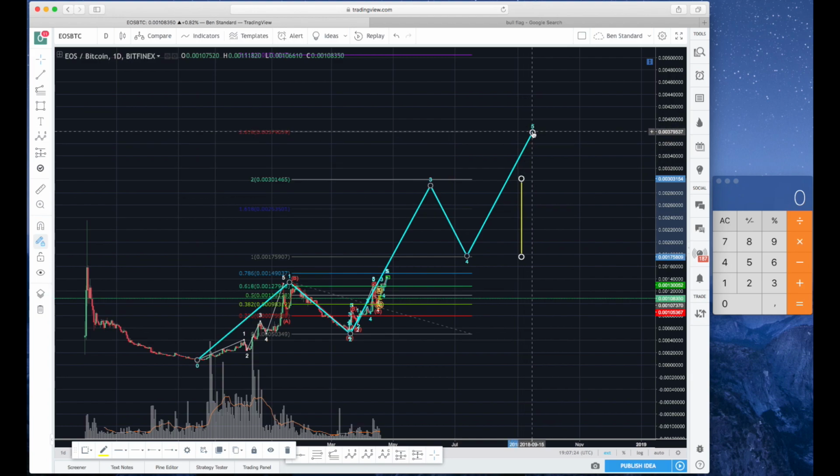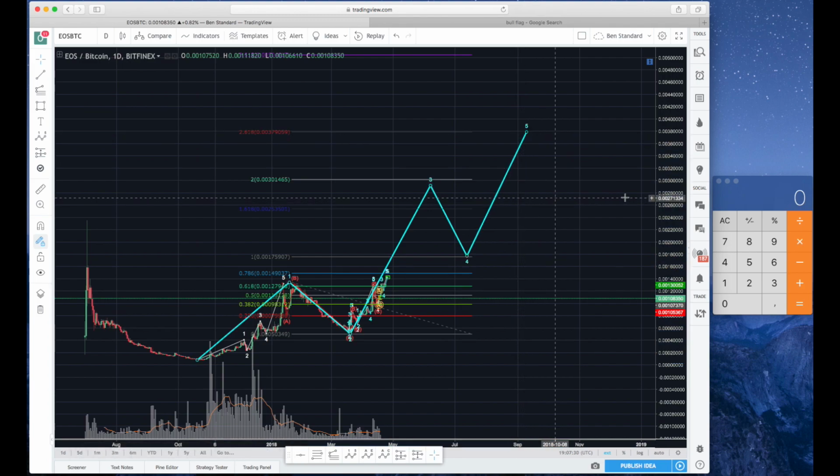But let's say we target the 2.618 and we check the US dollar price. So it's 0.0038. So at the current Bitcoin price, that would be around $30. But I assume that the Bitcoin price will go up as well.